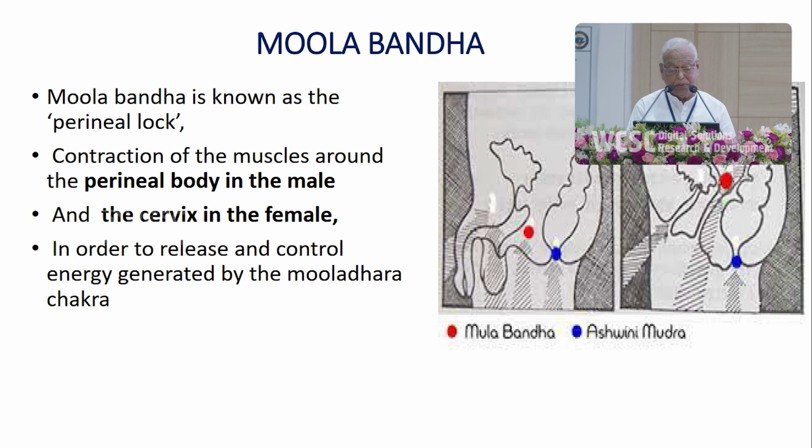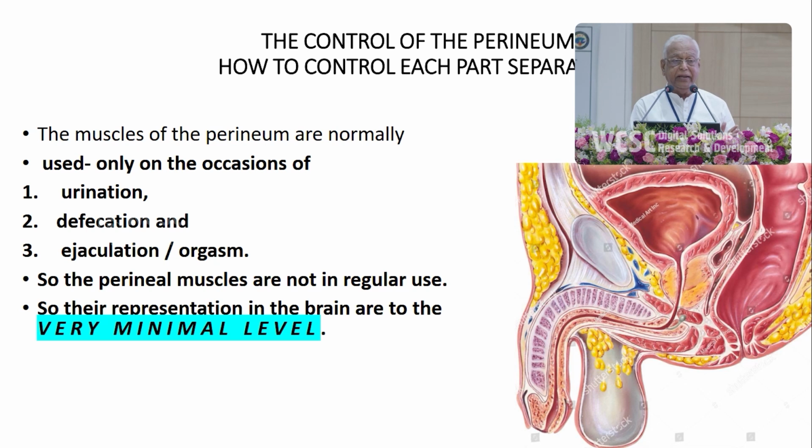We know how Mulabandha operates, and what I want to specifically say is, in the perineum, that is the Kundi area, though we daily urinate, ejaculation is there, defecation is there, all are happening on their own. When the urge is coming, we pause it. But we are not having conscious control of the perineum.